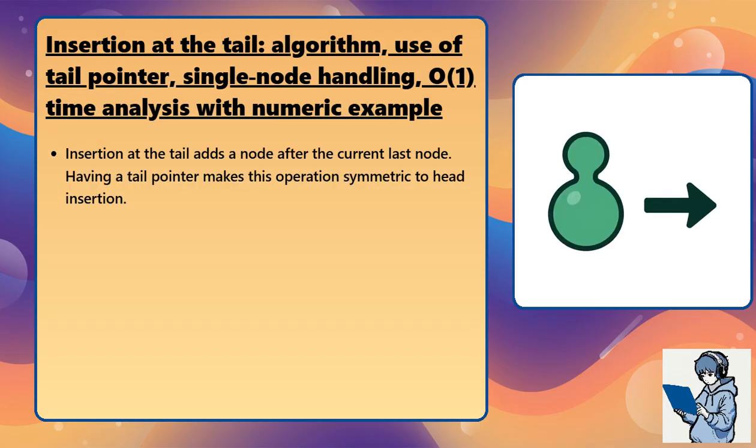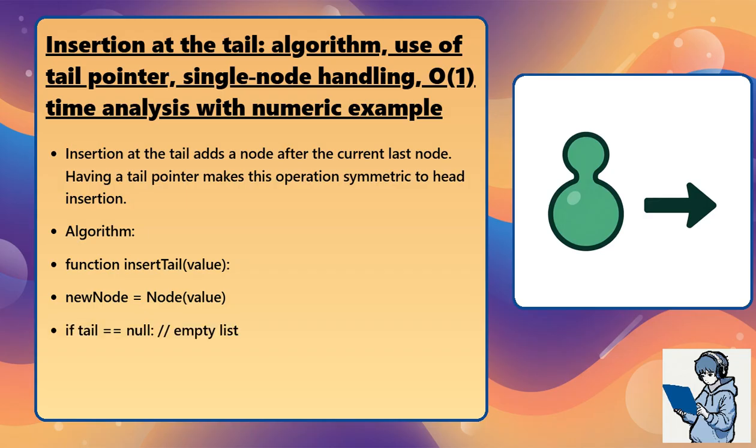Insertion at the tail adds a node after the current last node. Having a tail pointer makes this operation symmetric to head insertion. Algorithm. Function insertTail(value): newNode equals Node(value).